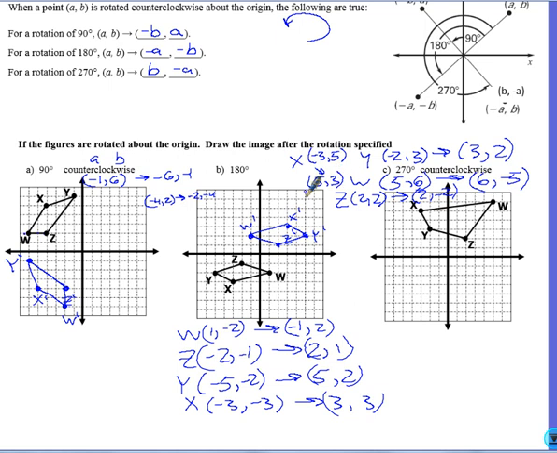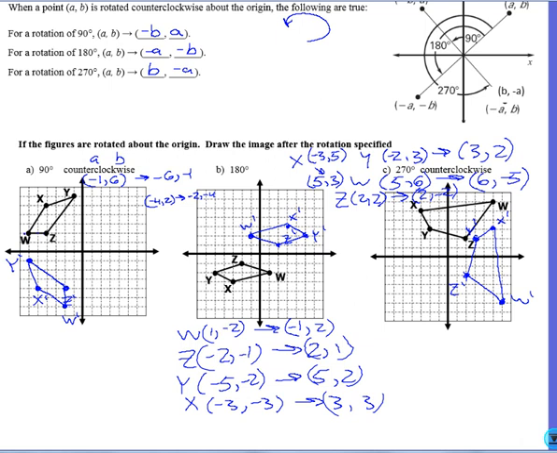Let's plot those points. (3, 2) is here, that's Y prime. (5, 3) is X prime. (6, -5) is W prime. And the last one's at (2, -2). That would be Z prime. Again, just connect those. And there is our rotation of 270 degrees.